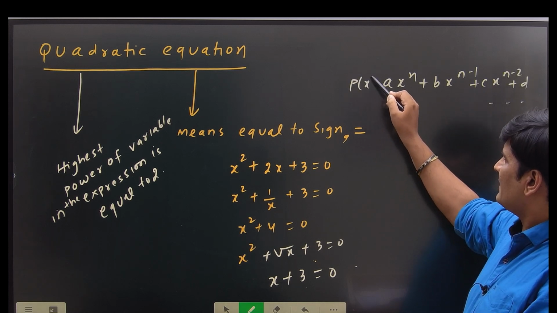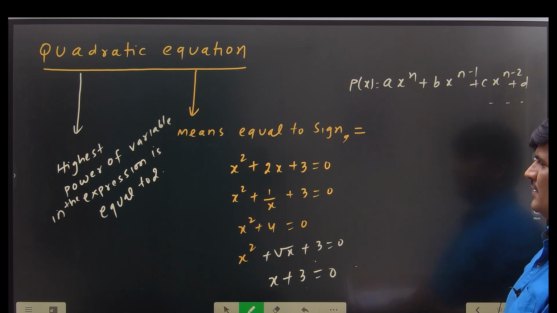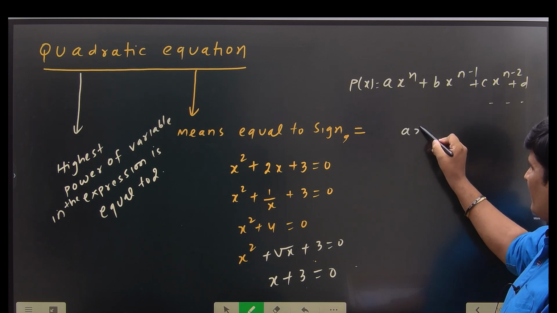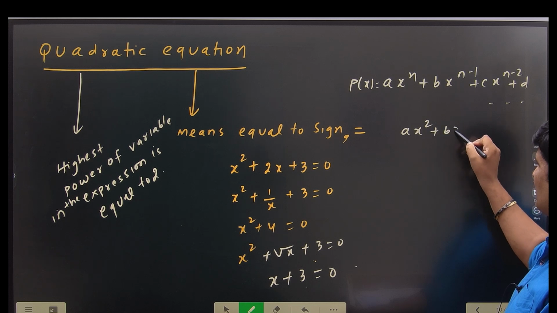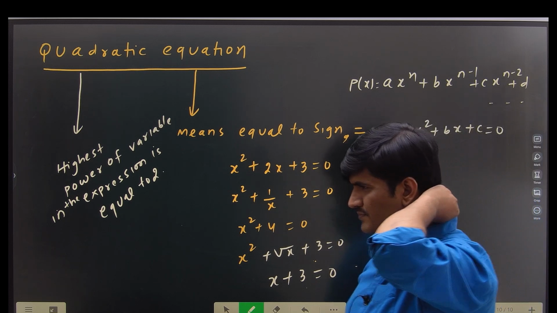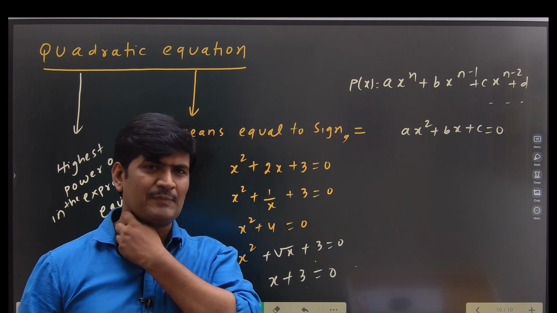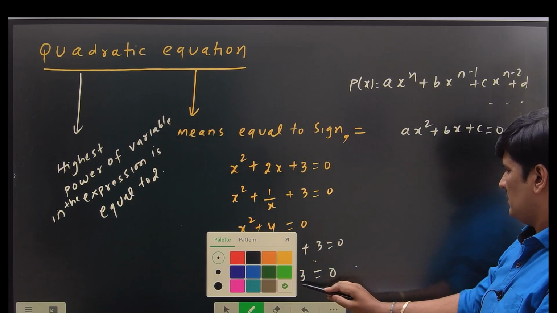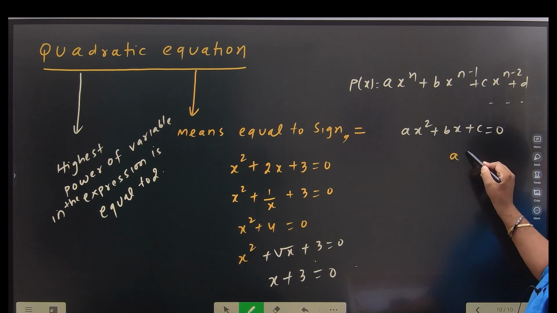So this is p(x). Next is quadratic equations. That will be ax square plus bx plus c is equal to 0, and here a can't be equal to 0.